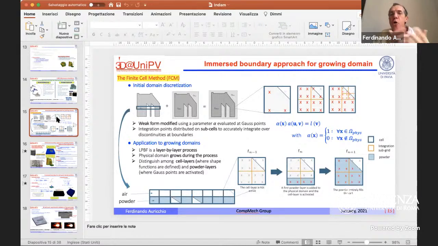For sure, it's not the only technology. This one seems to be very nice and very flexible, especially the finite cell method, which has been developed over the years by colleagues from the Technical University of Munich.